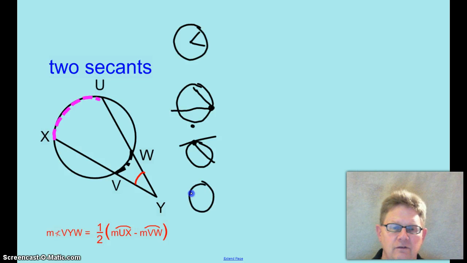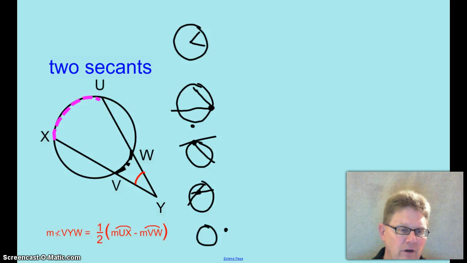If the vertex is inside the circle, it's half the sum. And if the vertex of the angle is outside the circle, then it's half the difference. Central angle equals the arc; vertex on the circle, half; vertex in the circle, half the sum; vertex outside the circle, half the difference.